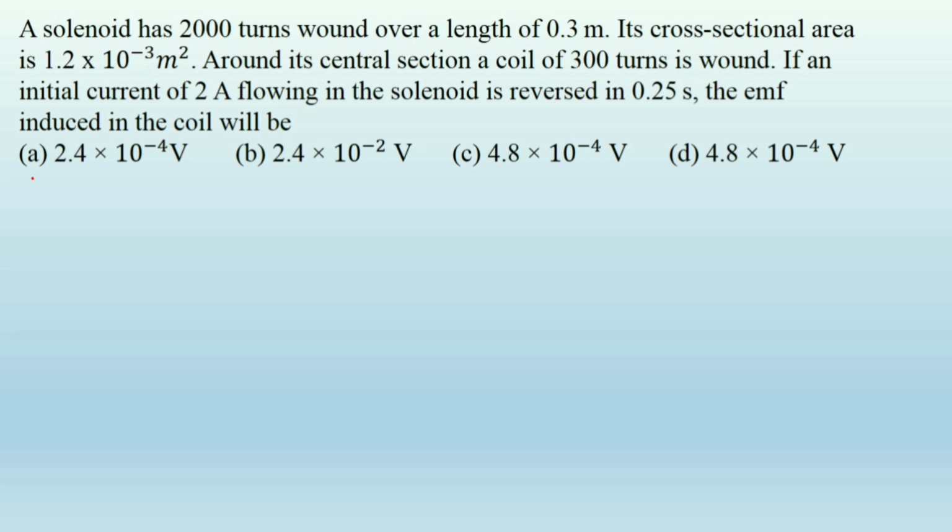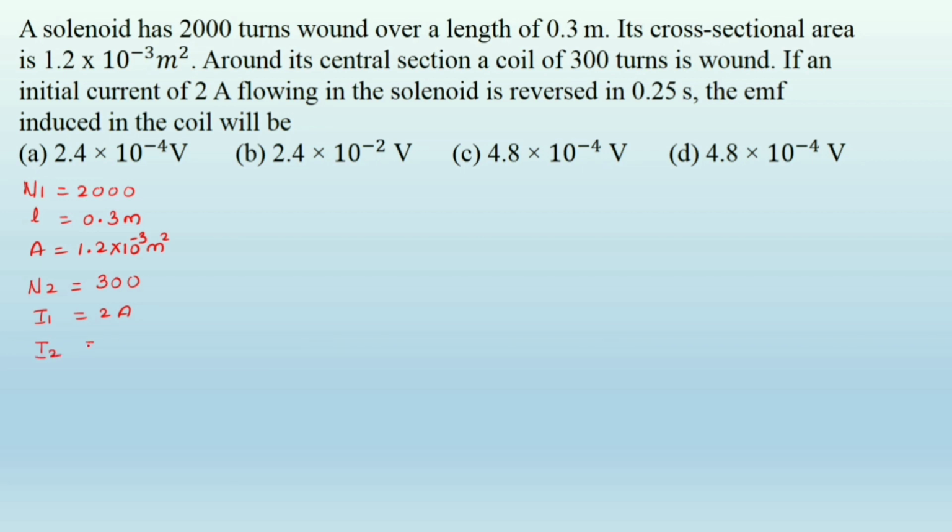So first we can take down the givens. The number of turns in the first solenoid, let us take it as N1, is 2000 turns, with length 0.3 meter. Area is given as 1.2 into 10 raised to minus 3 meter square. At its center, one more coil is wound, with number of turns N2 equal to 300. The initial current of 2 ampere, let us take it as I1, is flowing in the solenoid and is reversed.